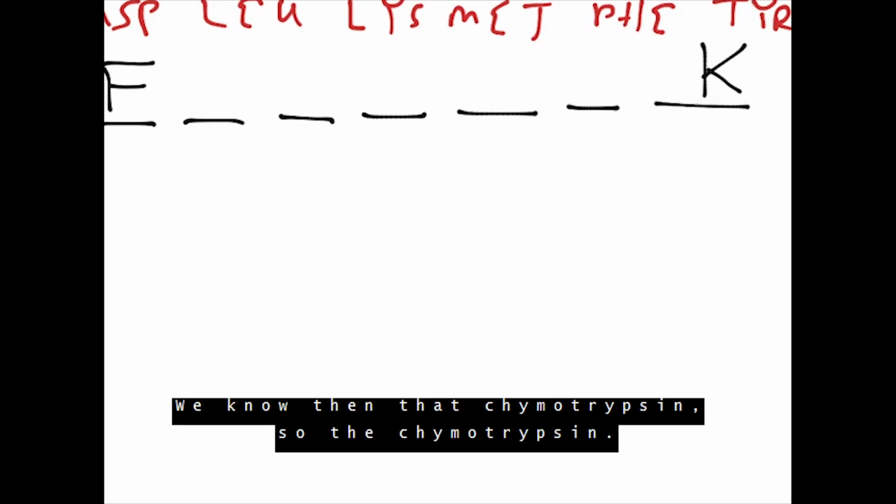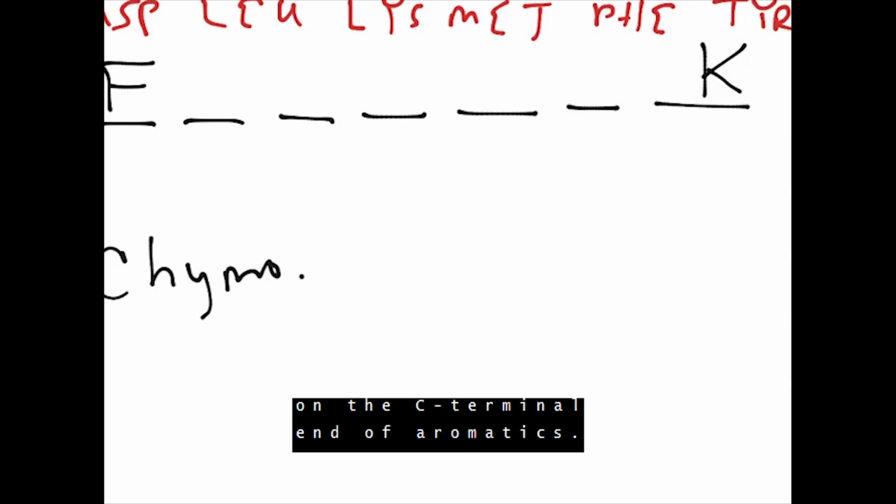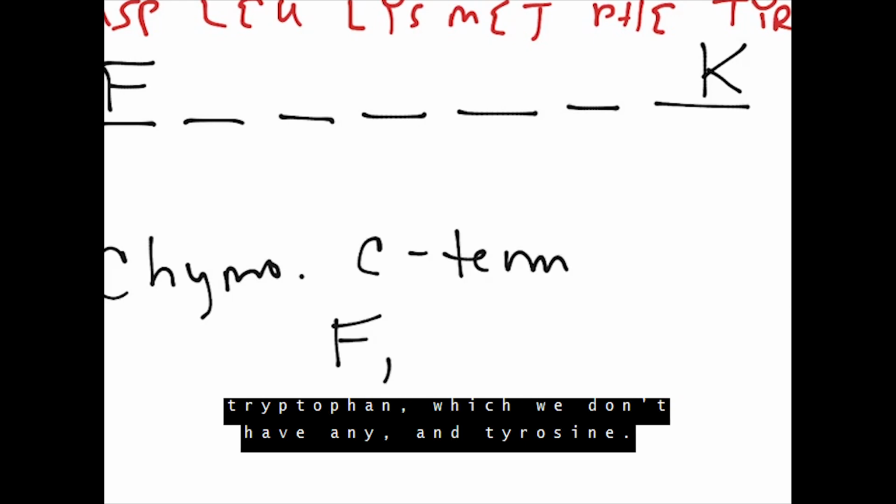We know then that chymotrypsin, if you go to table 3-6, cuts on the C-terminal end of aromatics. So it cuts on the C-terminal end of phenylalanine, tryptophan, which we don't have any, and tyrosine.